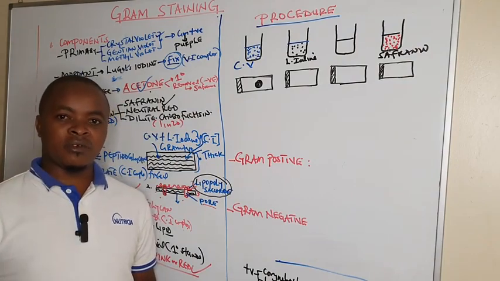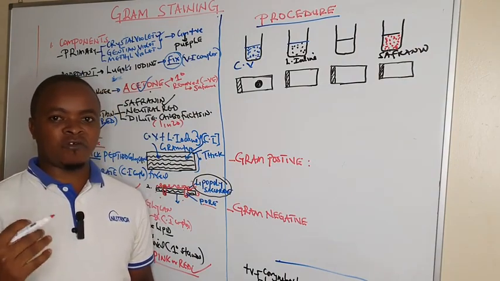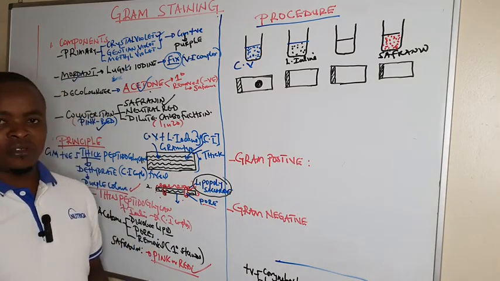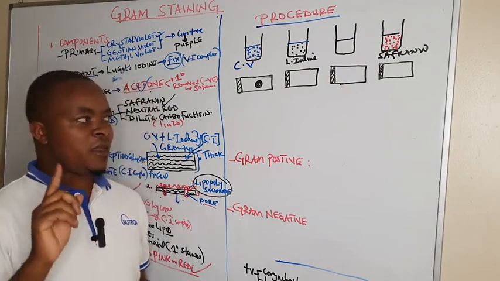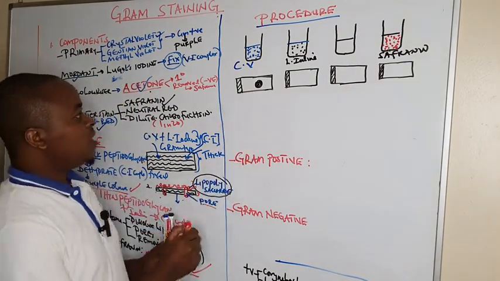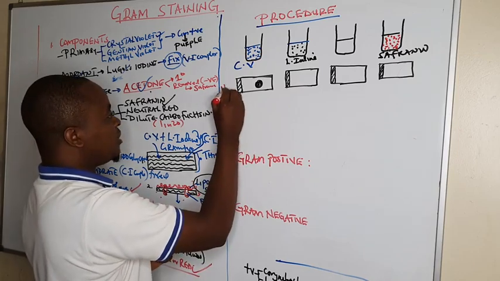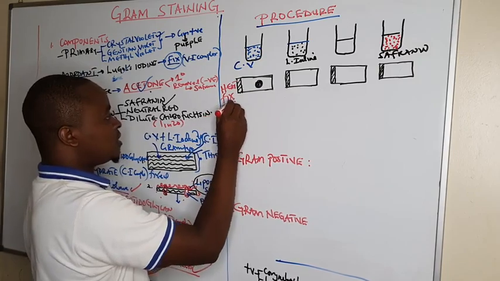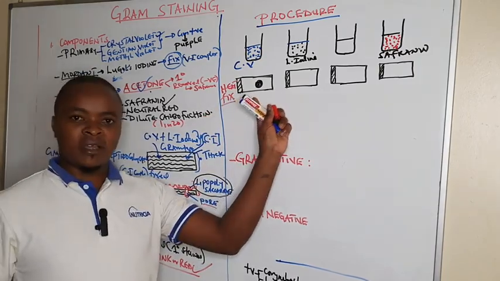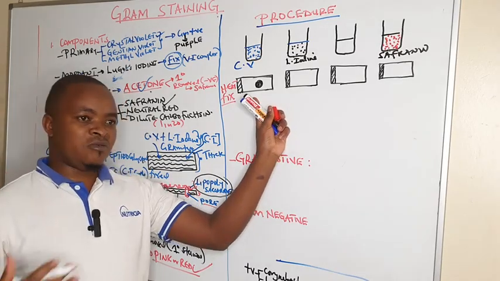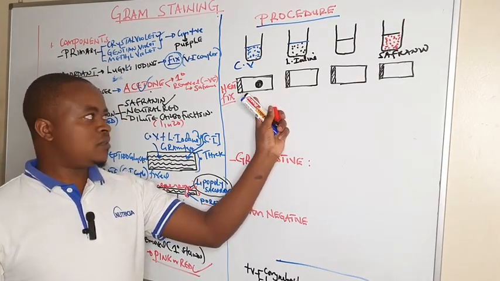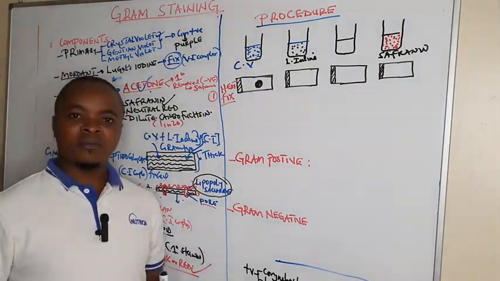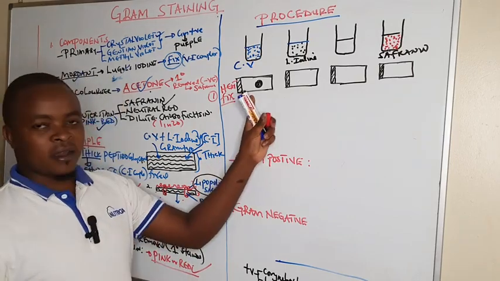We need a staining rack. We need a source of heat to fix. If we have already made the film, the first thing we do is to heat fix the smear for like 30 seconds or 1 minute. So you assemble the requirements, then you heat fix the smear.